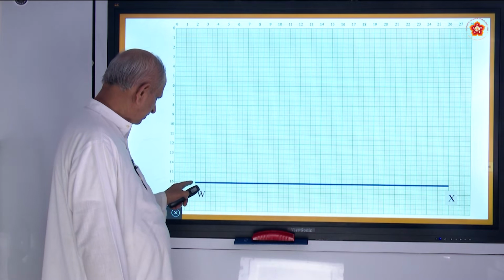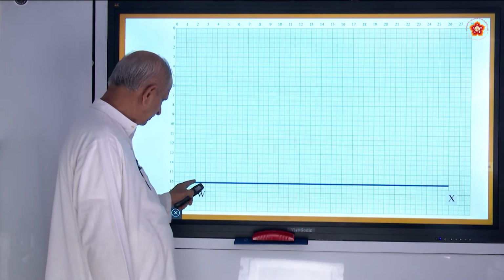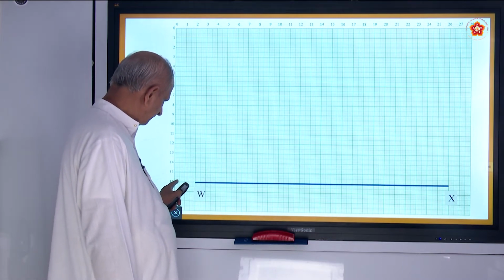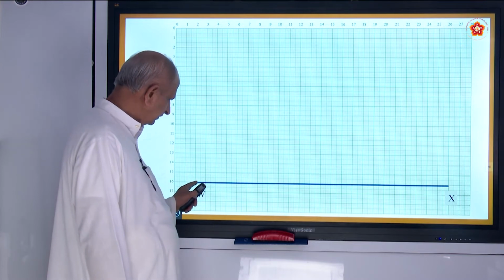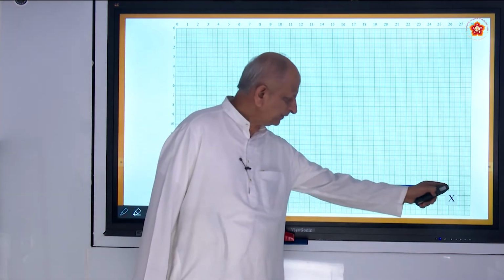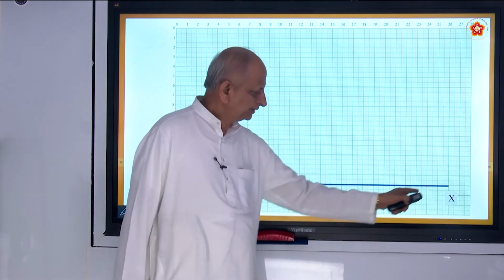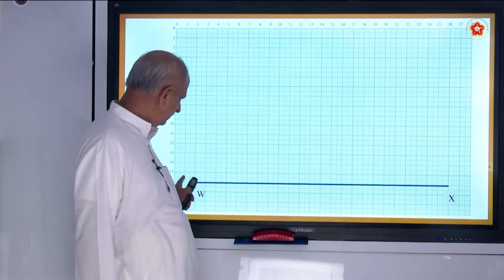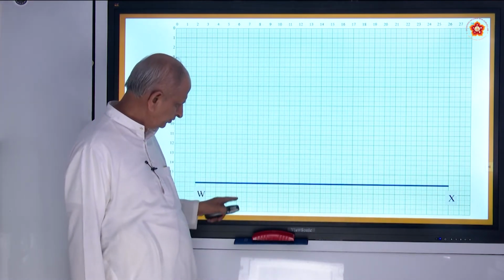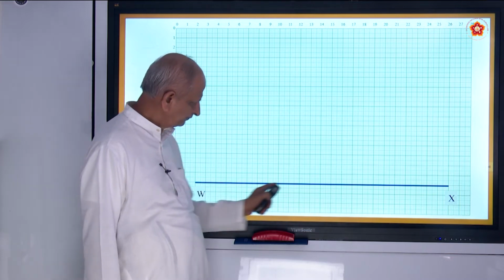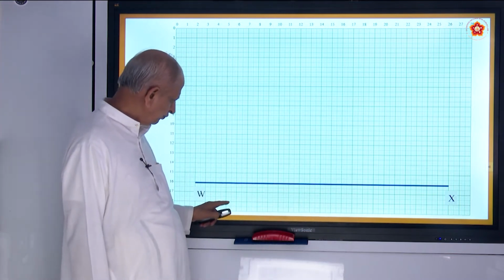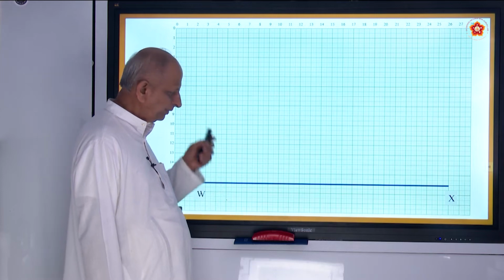See, this W is 2 centimeters from this end, correct? So the X also must be 2 centimeters within. This distance and this distance must be equal, and also this height must be the same. So here it is 1, 2, 3, third centimeter.